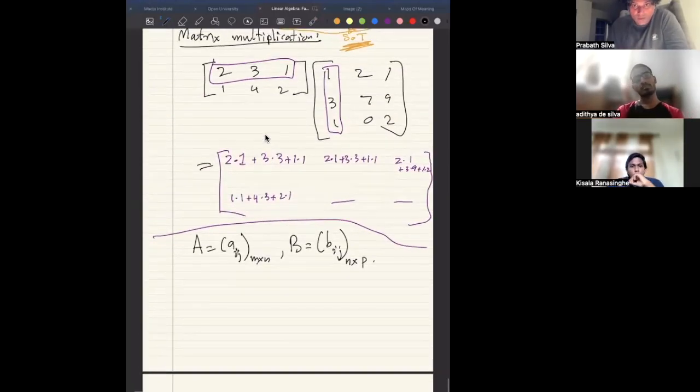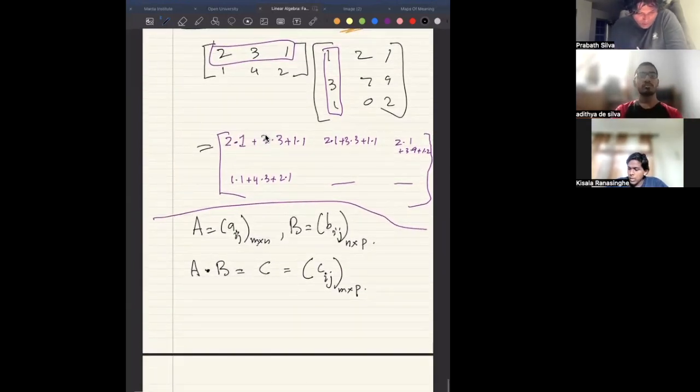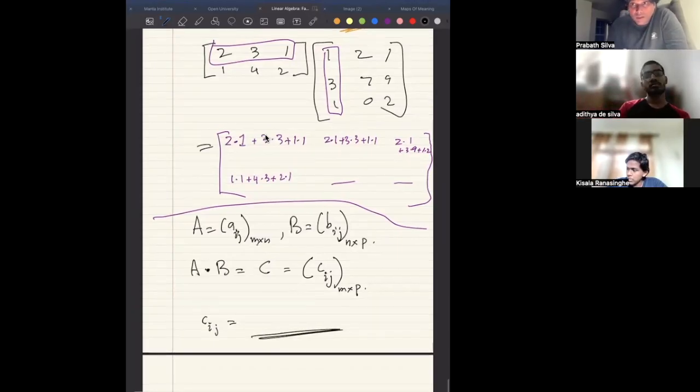Now we define the product A times B, matrix C, and C is going to be C_ij, m by p, and it'll have some formula, okay?